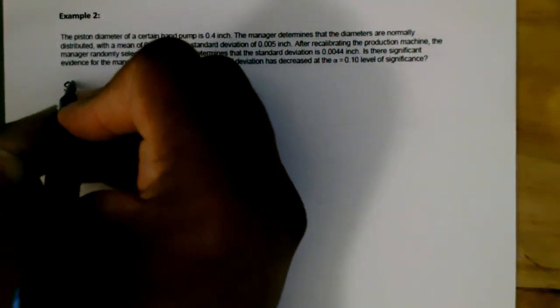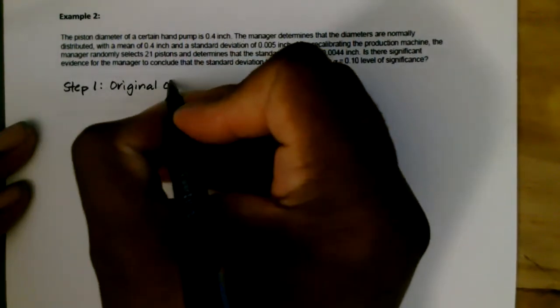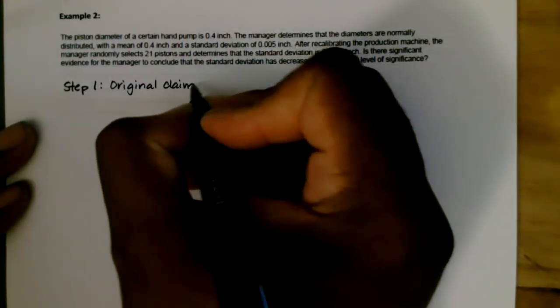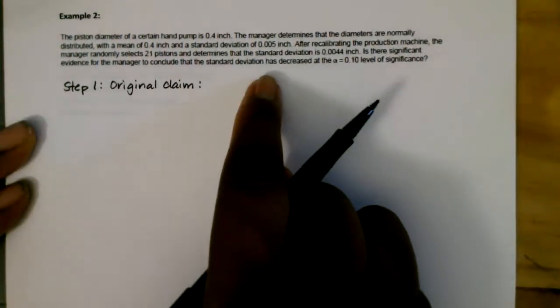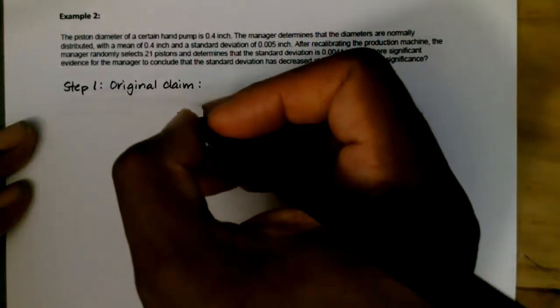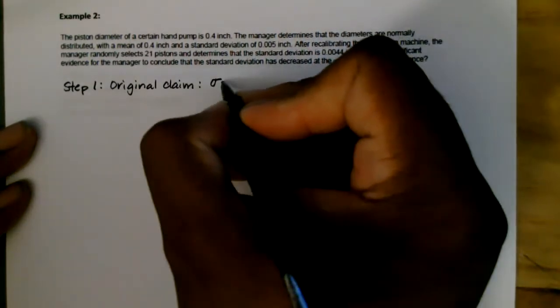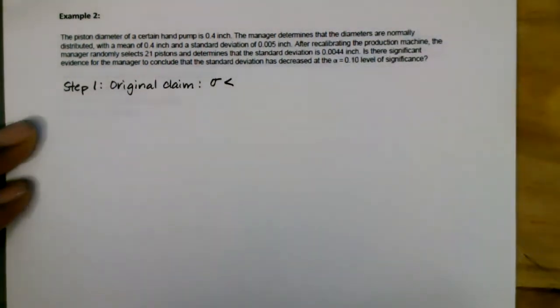All right, so step number 1, we need the original claim. In symbolic form, we're saying that the standard deviation has decreased at the 0.10 significance level. And in this case, if it's decreased, it has to be less than.